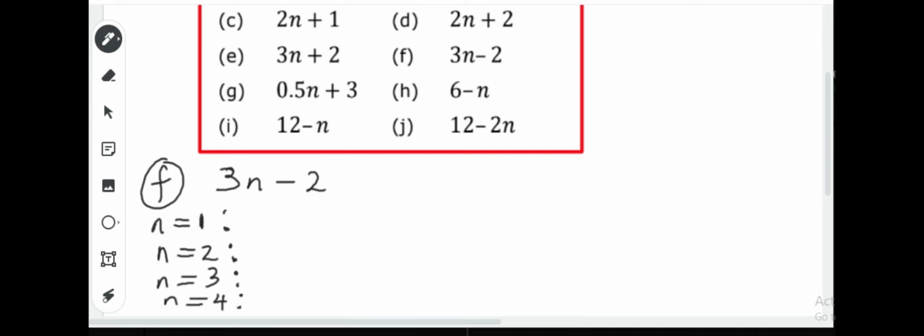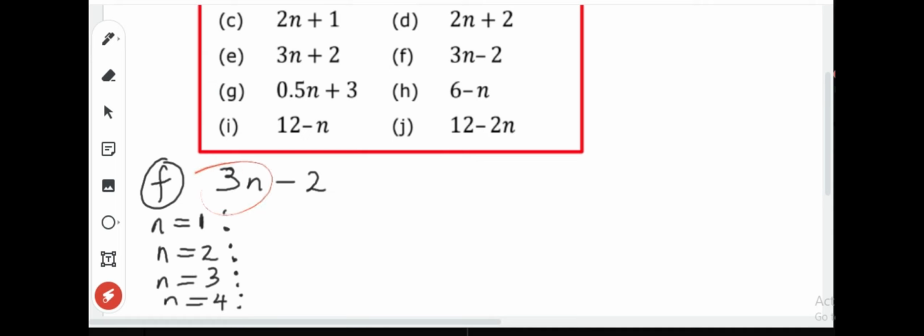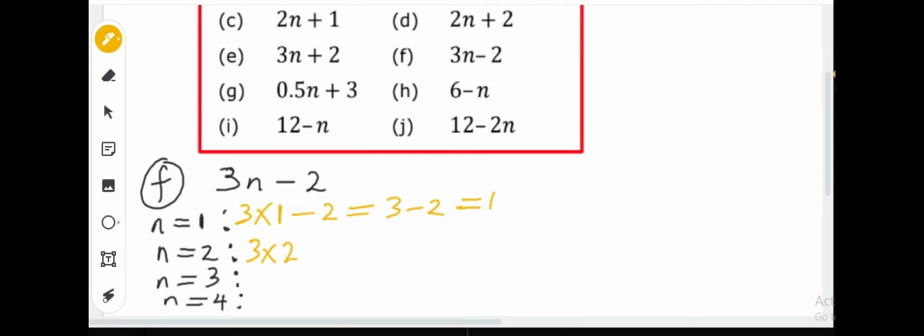So for the first one, when n equal to 1, substitution. By the way, 3n means 3 times n, then minus 2. So we simply say 3 times 1 because n is 1, then minus 2. That will give us 3 minus 2, because 3 times 1 is 3, then minus 2, that gives 1. The other one is 3 times 2, then minus 2, which is 6 minus 2, and that's 4.